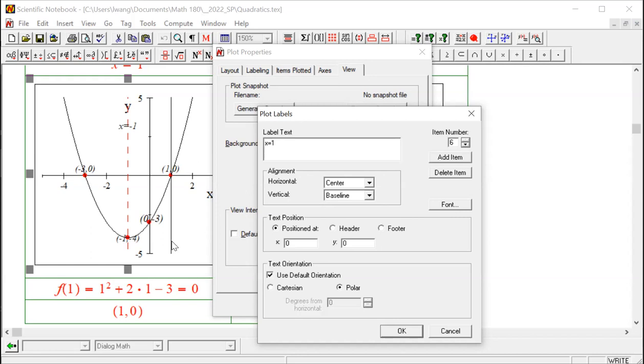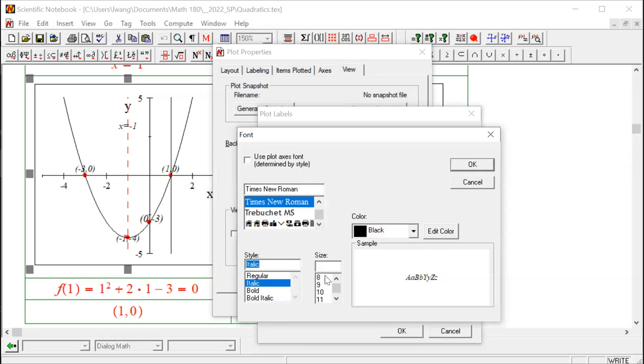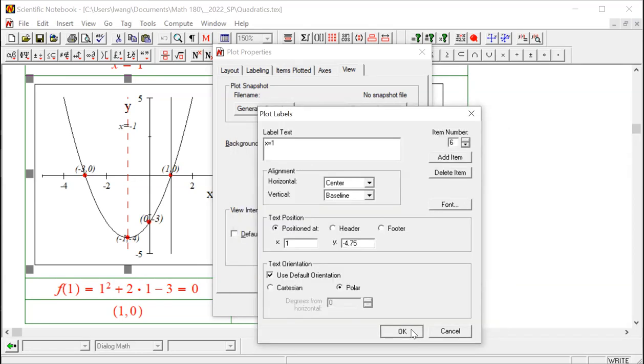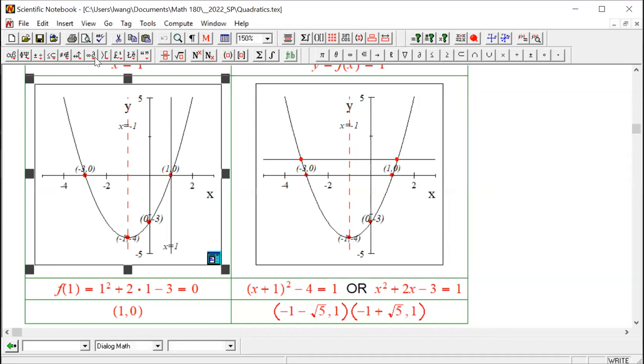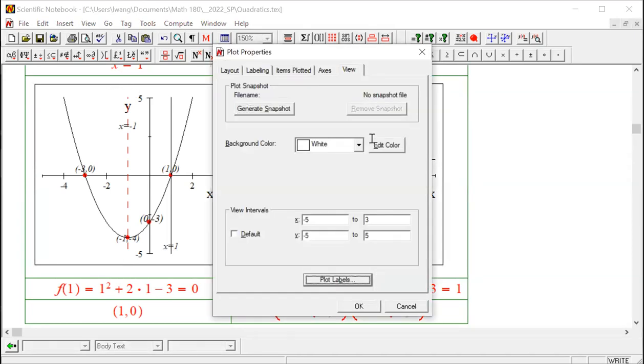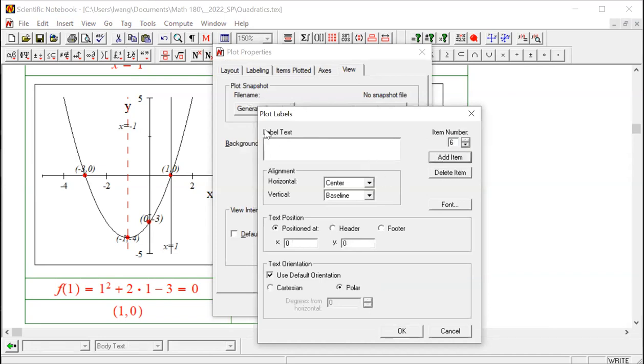This line is marked: x equals 1. That's the vertical line for x equals 1, and the other one is a horizontal line, which is y equals 1. We're going to mark y equals 1.